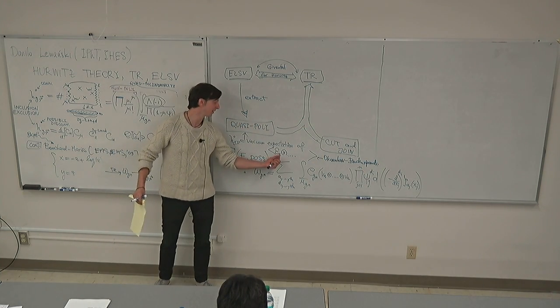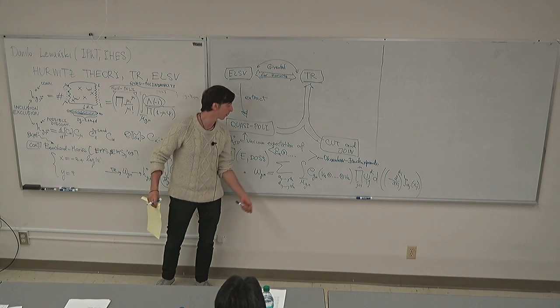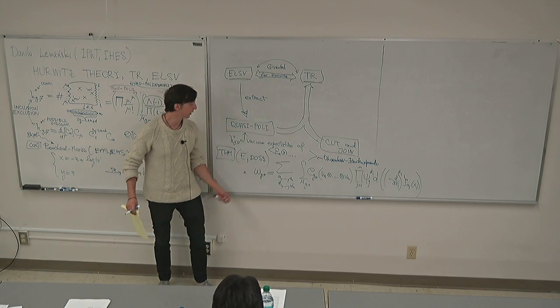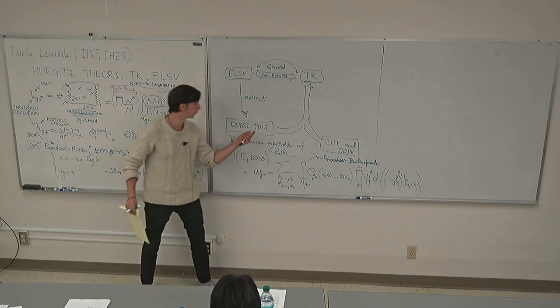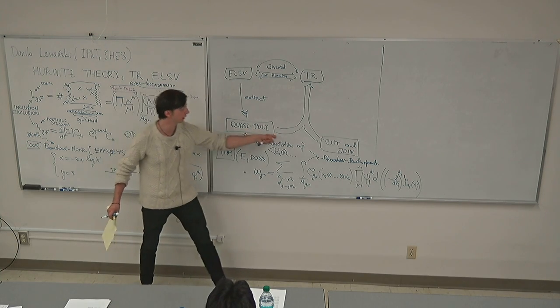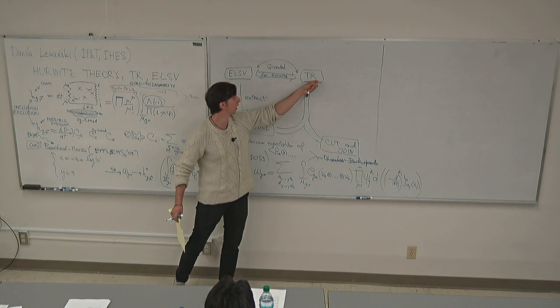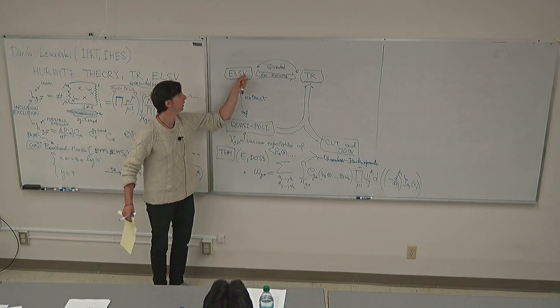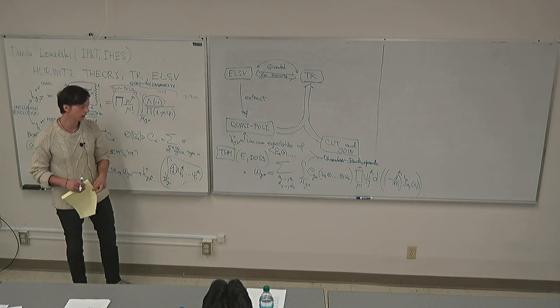And then they follow some simple commutation rules. Working with these operators, you can prove this quasi-polynomiality property basically combinatorially. Then you combine it with cut and join, you prove TR, then you apply the Givental formalism, and you prove ELSV.